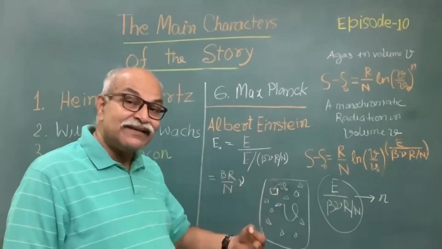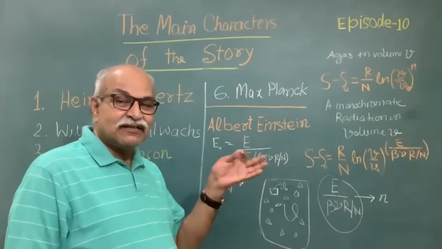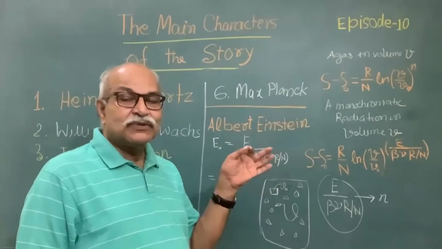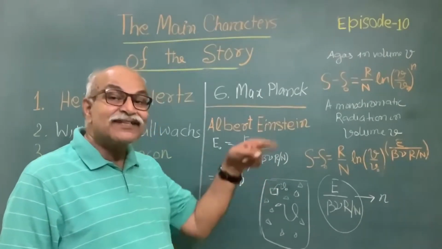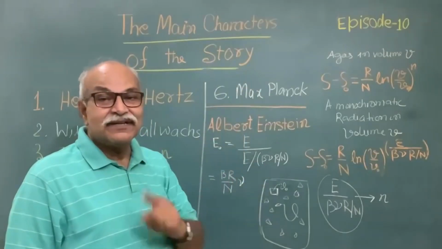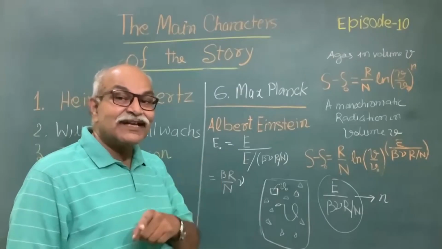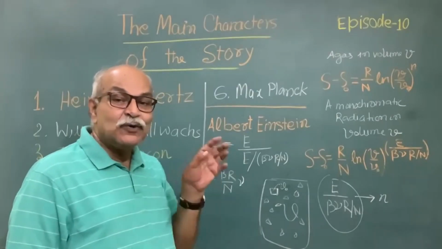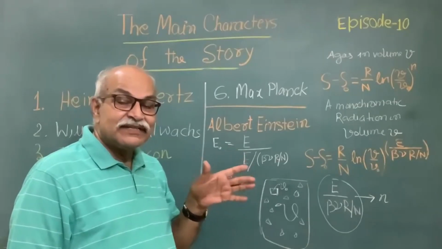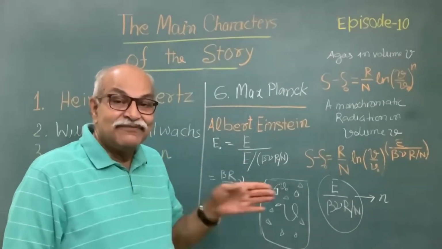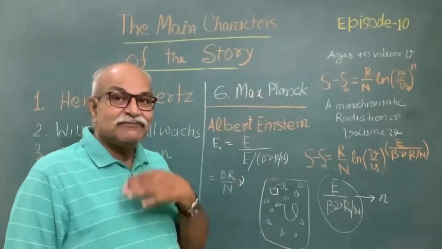Planck has obtained the values of alpha and beta. Actually alpha and beta are related, so the value of beta is taken which matches the experimental curve of intensity versus wavelength, that is, how the energy of this radiation is distributed in different wavelengths, the spectral distribution, which goes through a maximum.